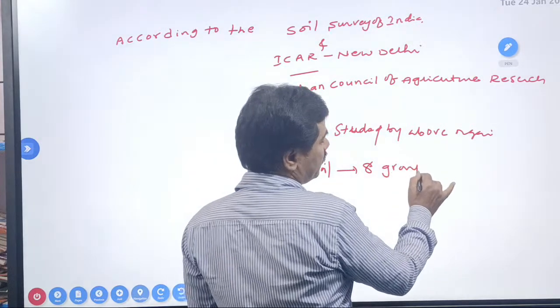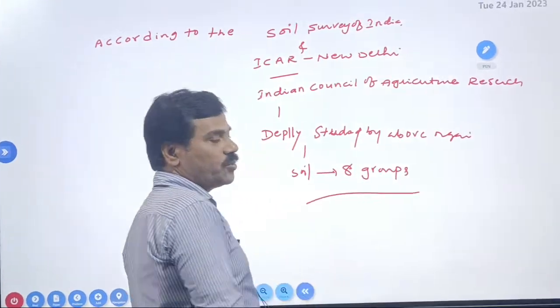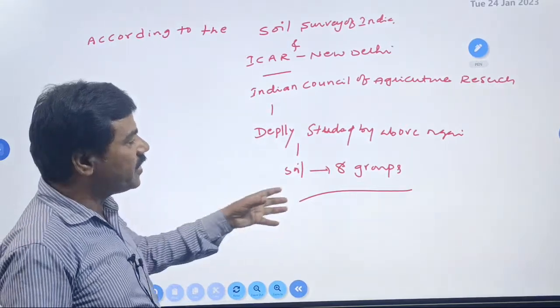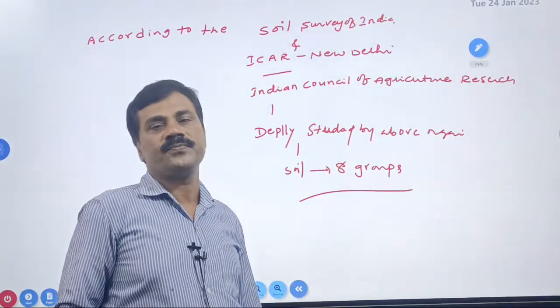Indian soils are divided into 8 groups, broadly divided into 8 groups.